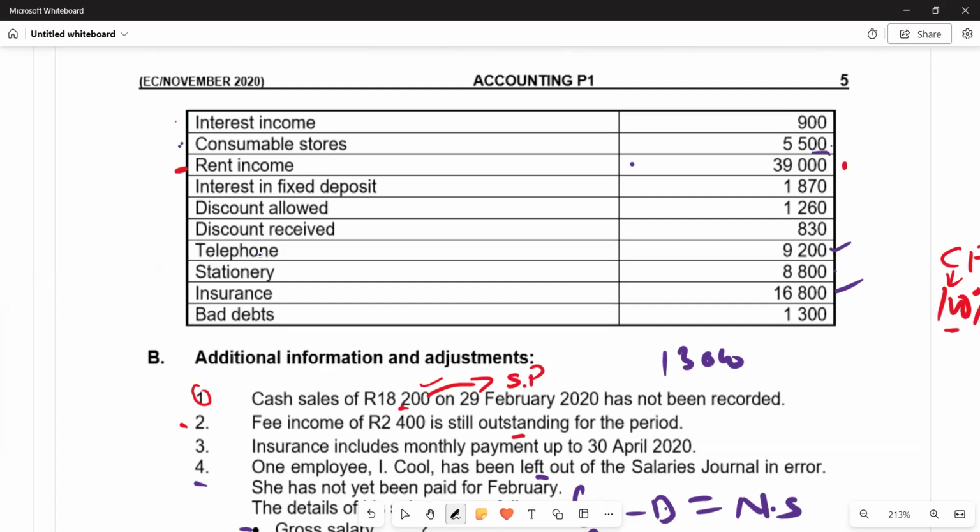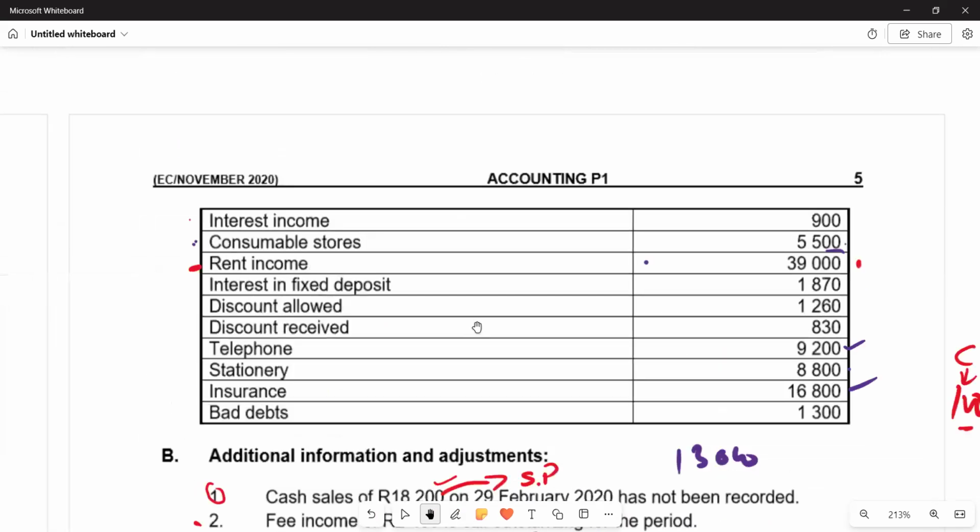They are saying insurance includes the monthly payment up to 30 April. So it means our year is ending 29 February, and this insurance is stretching to 30 April. Between 29 February and 30 April, there are 2 months, which is March and the whole of April.